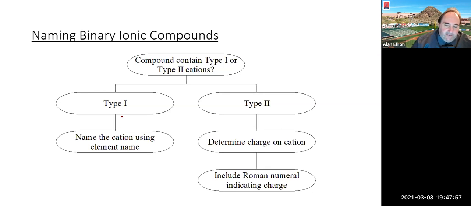Again, type 1, fixed charge, group 1, 2, 3 on the periodic table, zinc, cadmium, silver. Type 2, transition metal. And as you can see here, transition metal, Roman numeral; non-transition metal, no Roman numeral basically needed.